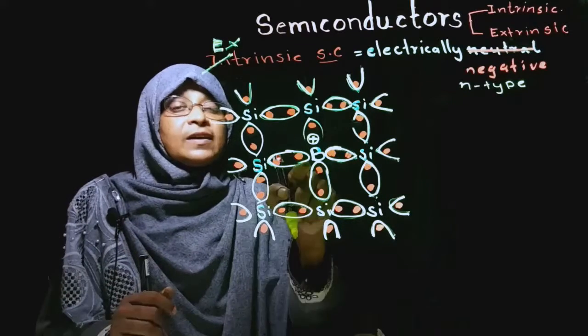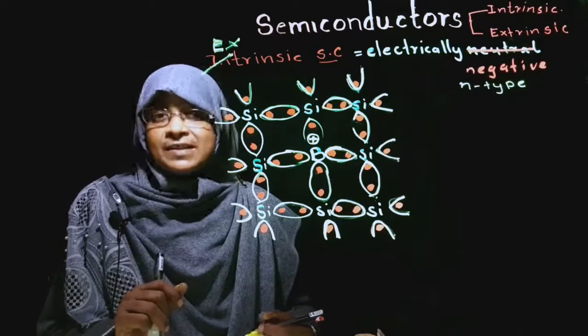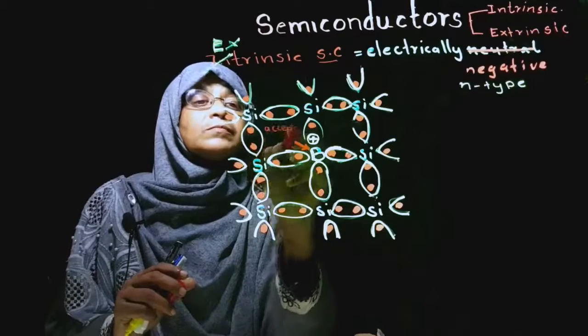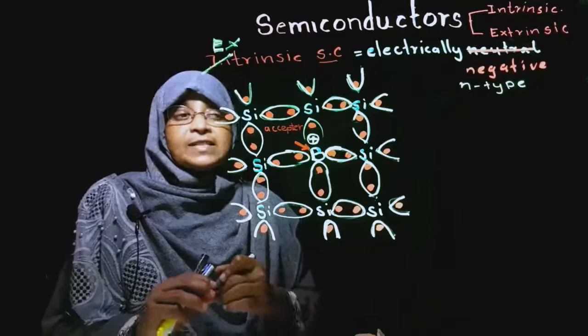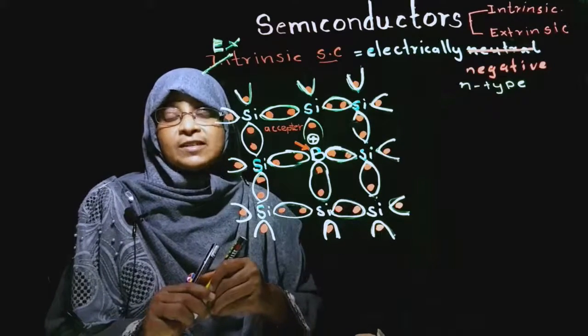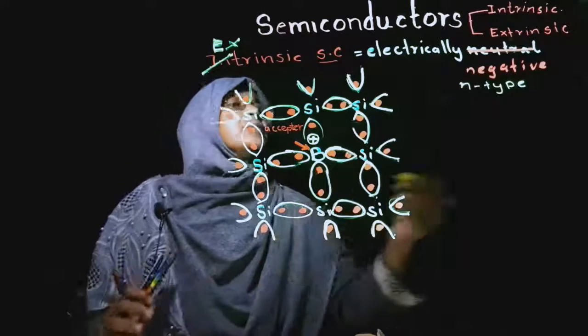So this boron is called an acceptor atom. Now we can say this lattice represents positive charge. So this type is called p-type.